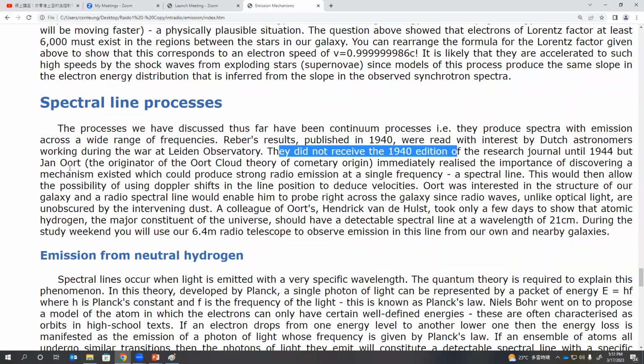And the famous gentleman, Jan Oort, nowadays in our solar system we claim all those comets originate from the Oort cloud. Anyway, we are not talking about comets. This gentleman, after he read the paper from Reber, constructed the first contour map of our sky.